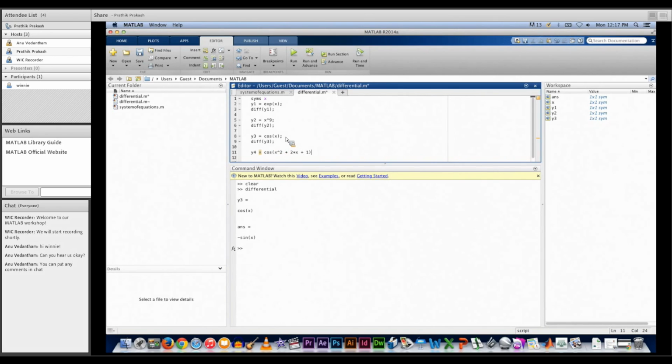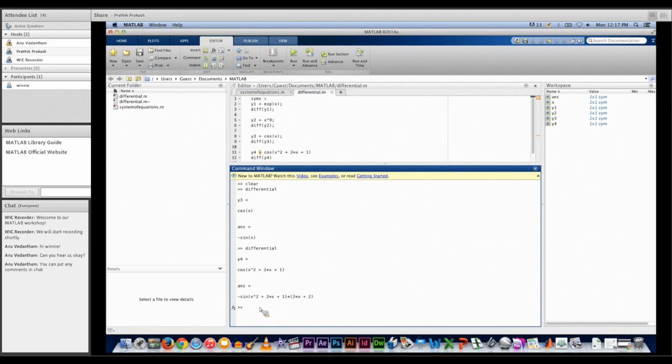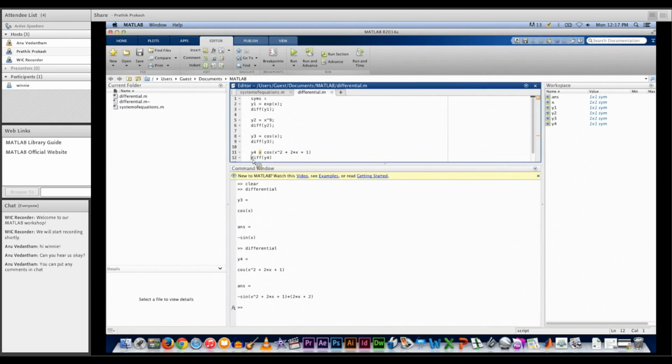So cos has this value inside, and this is given to the variable y4. If you do a differential of y4, this is the value that you get. To see it in a better form, let's just put it in the pretty function. And yeah, that's the value that you get. So that's about differential equations.